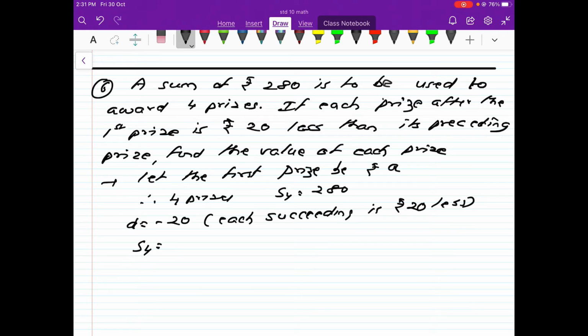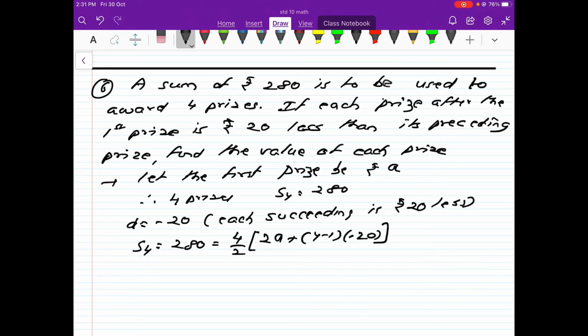So now we'll put in the values. S4 = 280 = 4/2 × [2a + (4 - 1)(-20)].